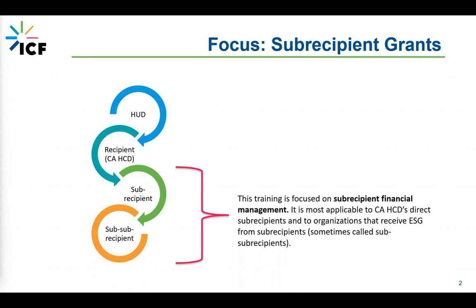This training is focused on subrecipient financial management. So it's mostly applicable to HCD's direct ESG and ESG-CV grantees, and to organizations that receive ESG services from their subrecipients. So that we're talking about the bottom 2 tiers today, or the lower tiers, I should say.